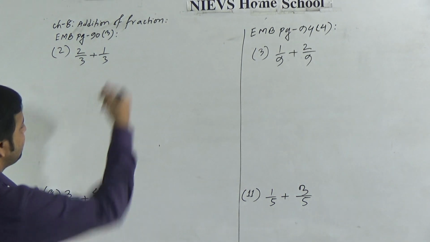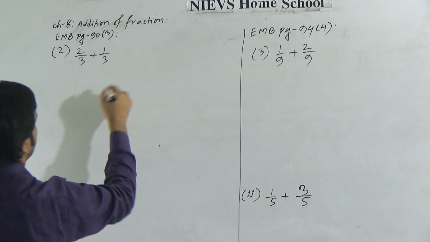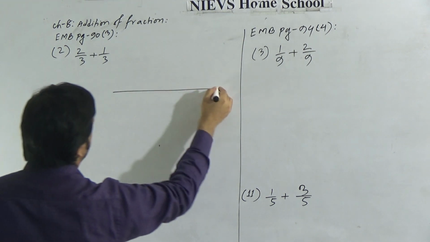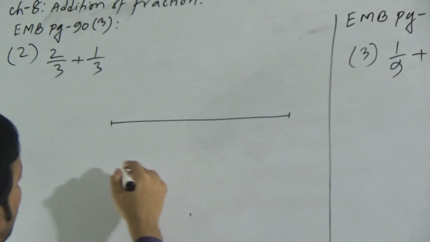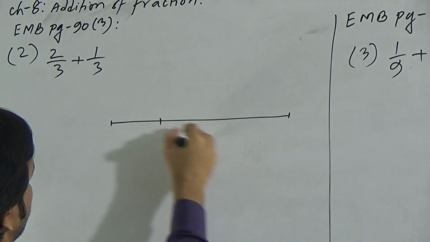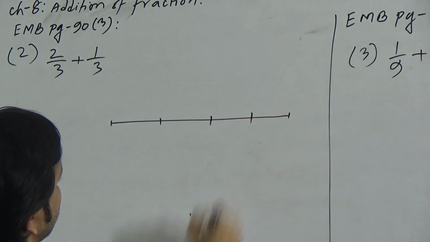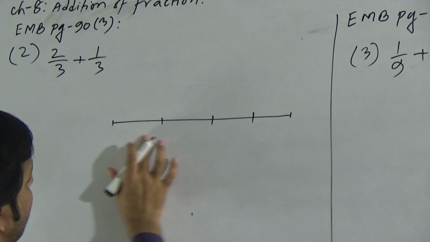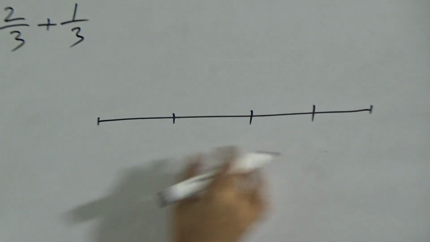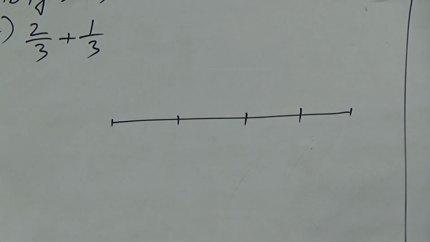Suppose you have a 1 meter ribbon and you have divided it into 4 equal parts. Suppose this is 1 meter ribbon, you have divided it into 4 equal parts.